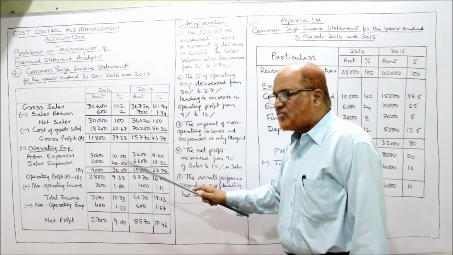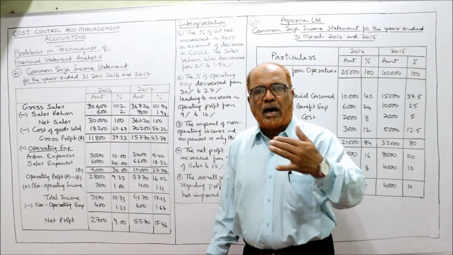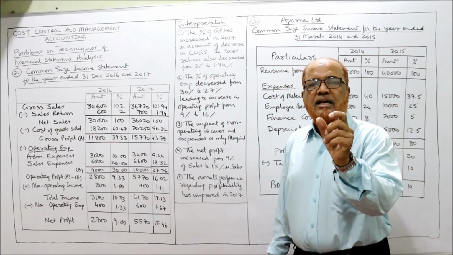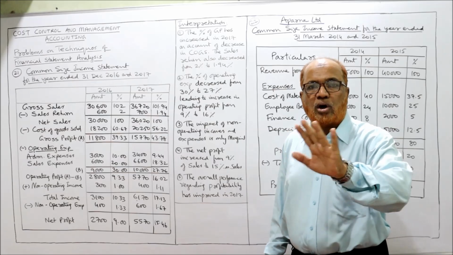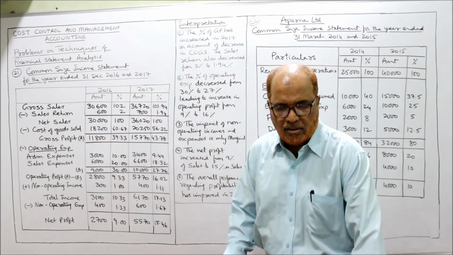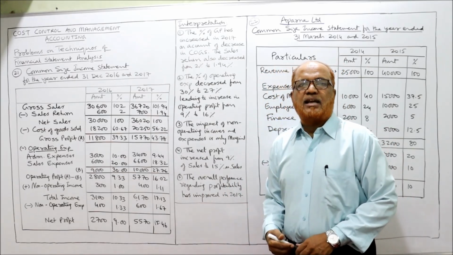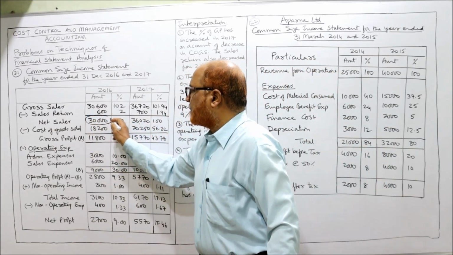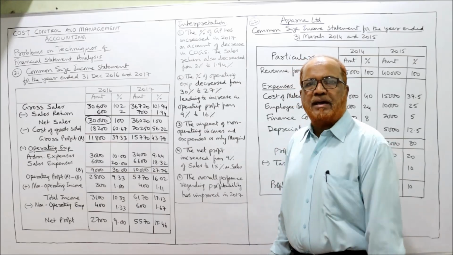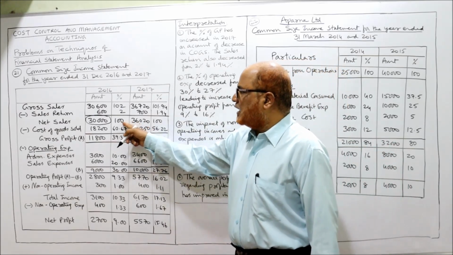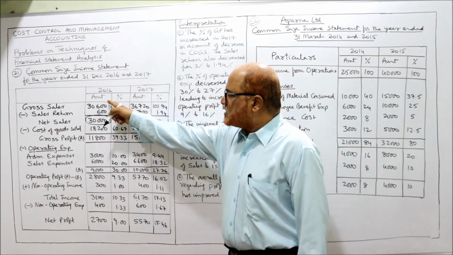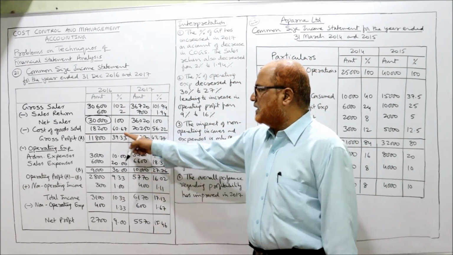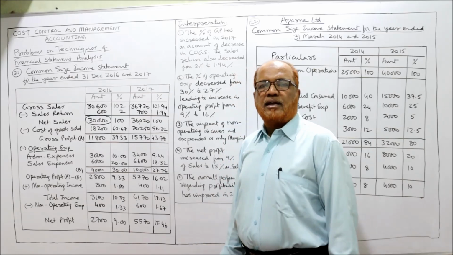Now we have to calculate the percentages. This is not given in the problem, I am calculating. Always remember, take the net sales, not the gross sales, as the base. Base should always be the net sales. Here net sales are 30,000, this is the base. It should be taken as 100%. Now express all other items as a percentage of net sales. Take 30,000 as the denominator for all values.